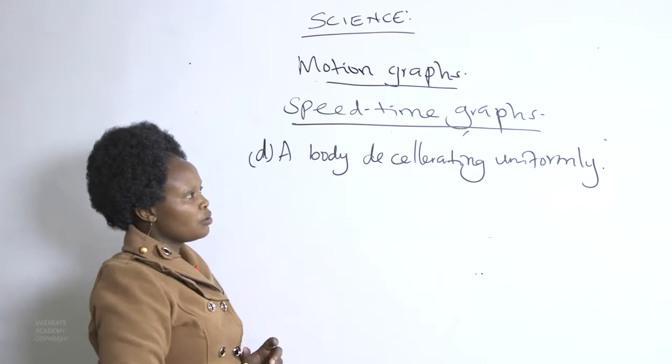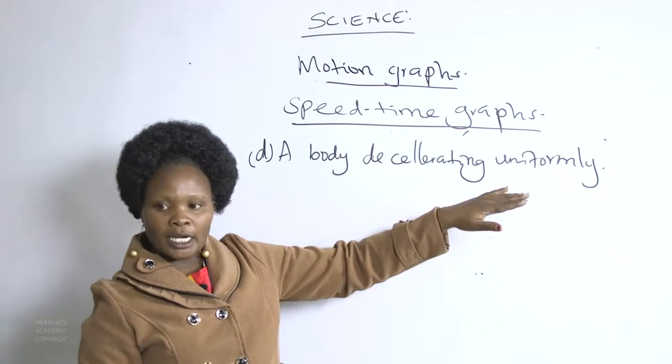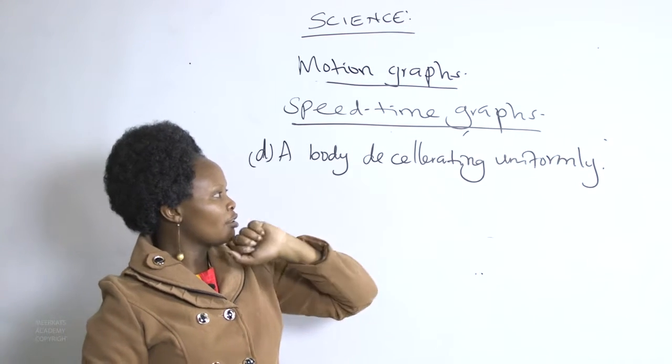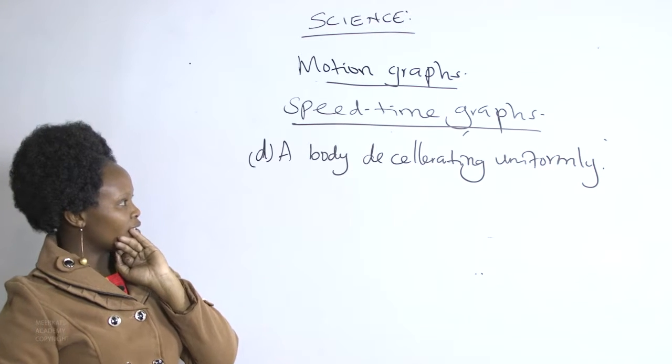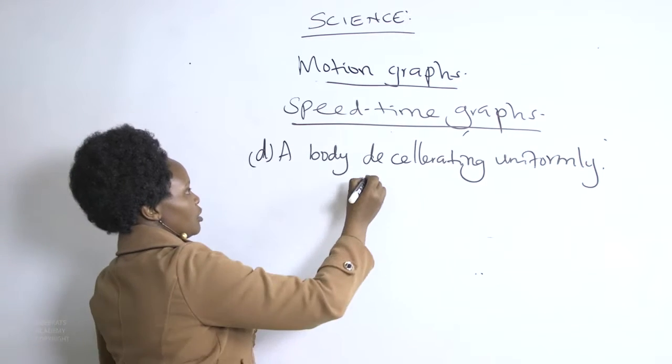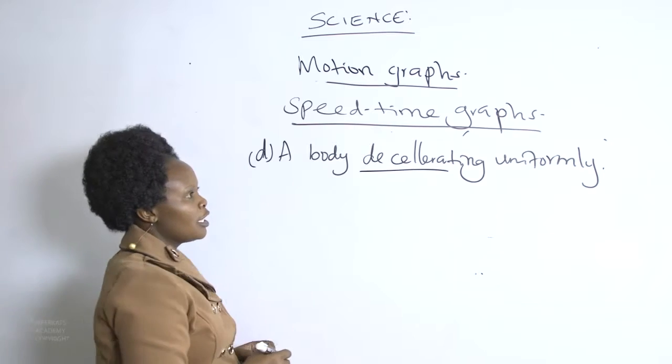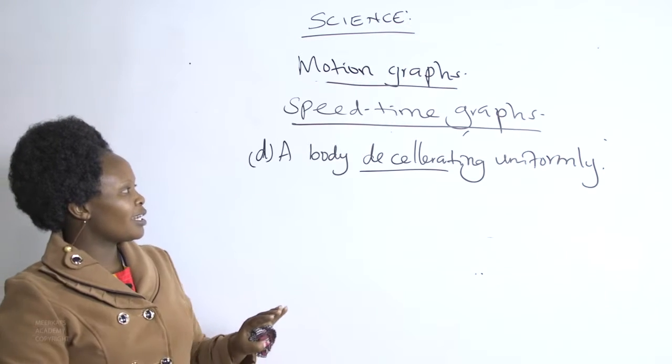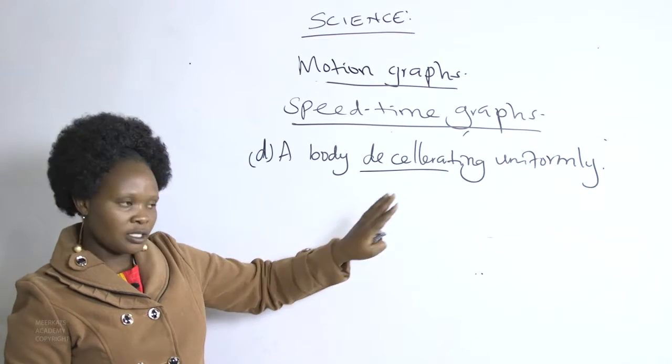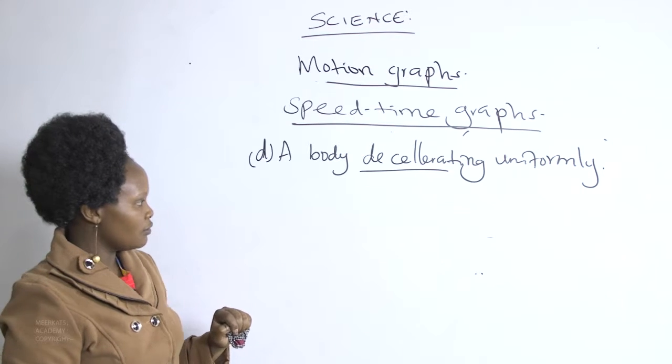This graph is going to have a uniform gradient, though in this case the speed is decreasing. Therefore, the gradient of this graph is supposed to be negative.